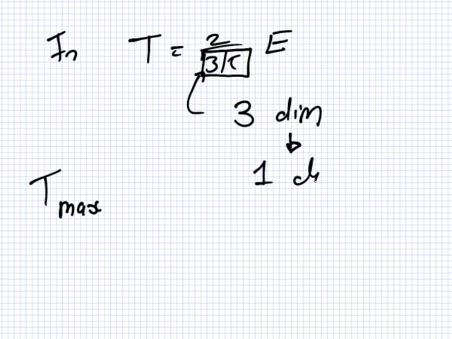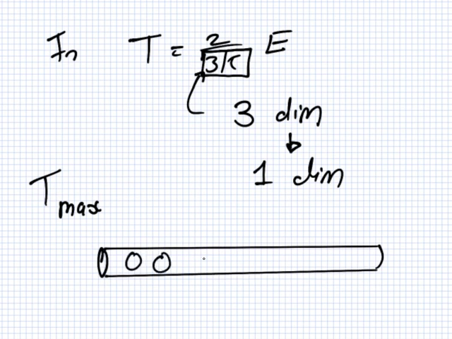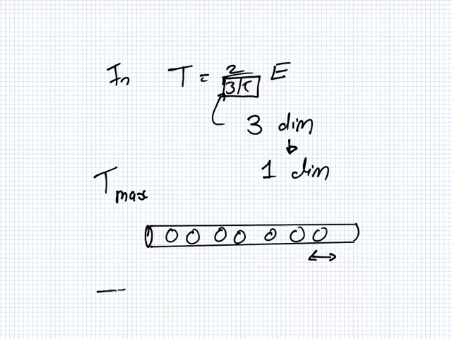1 dimension. I can do this if I put my molecules into a very narrow tube so that they're only able to move left and right, but they cannot move up and down or back and forth. So if I can do this, then I'm getting closer to working out the maximum temperature.